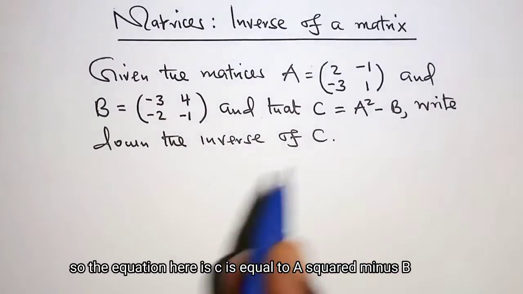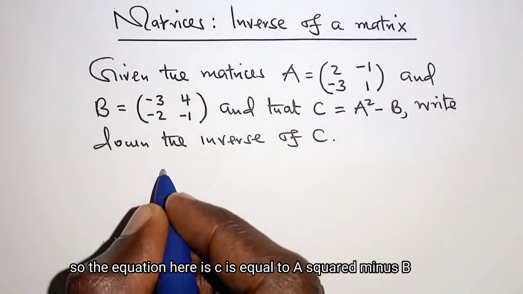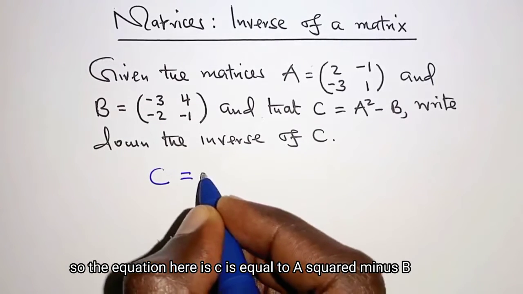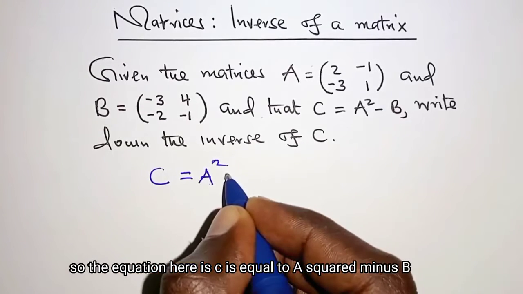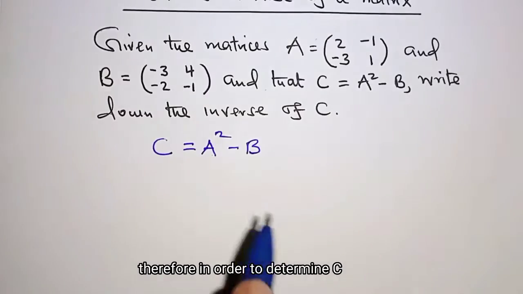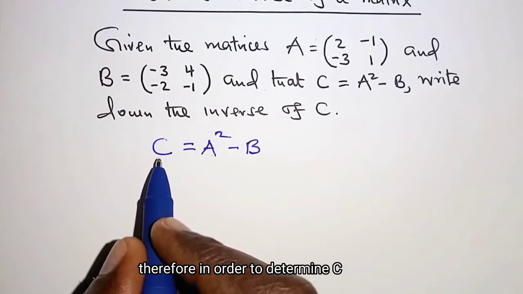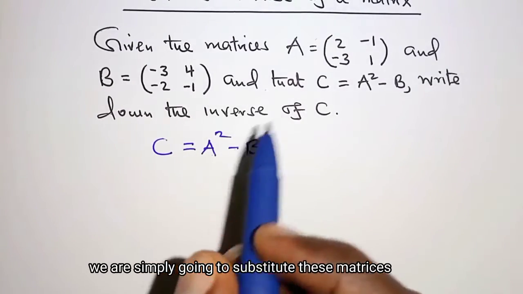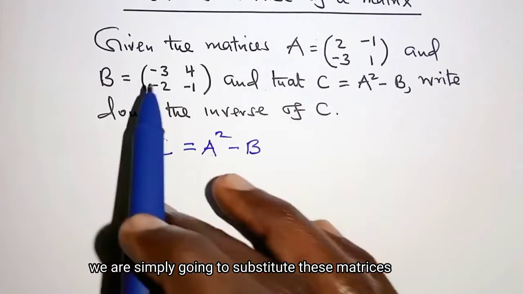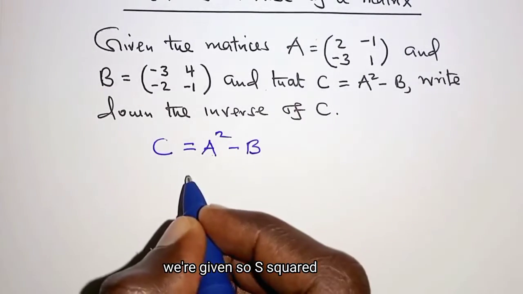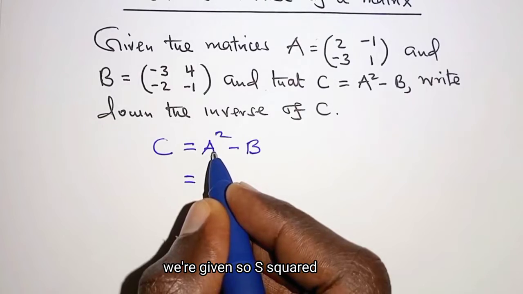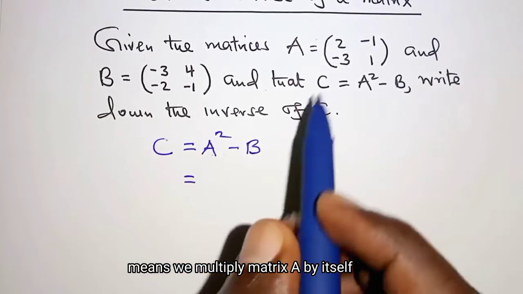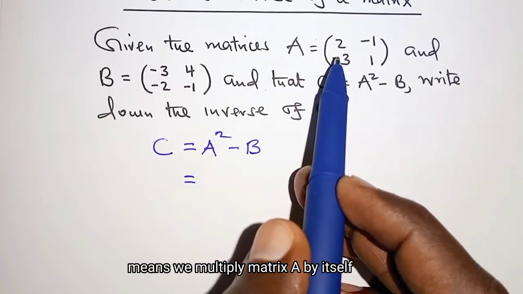So the equation here is C is equal to A squared minus B. Therefore, in order to determine C, we are simply going to substitute these matrices we are given. So A squared means we multiply matrix A by itself.